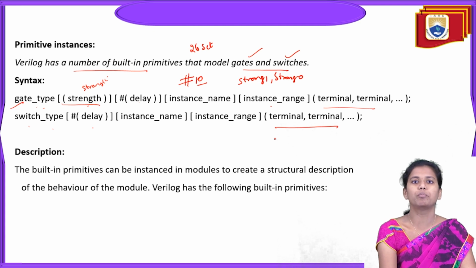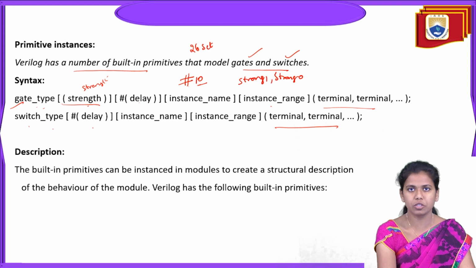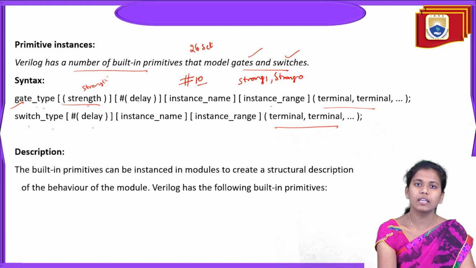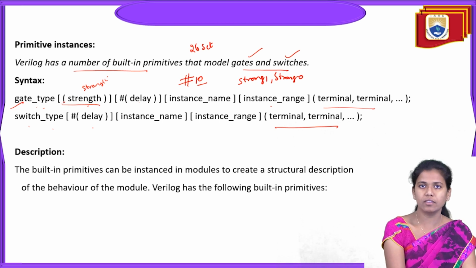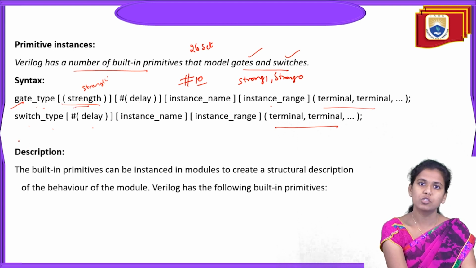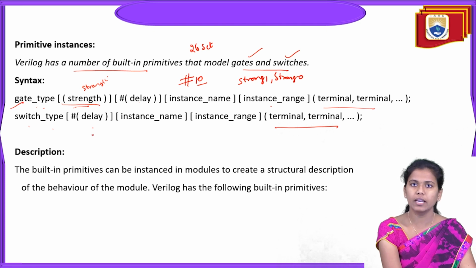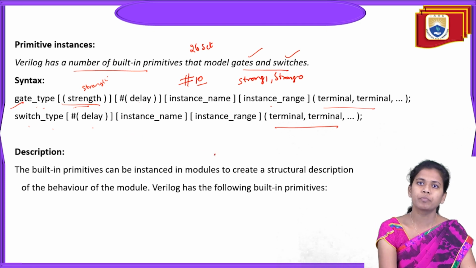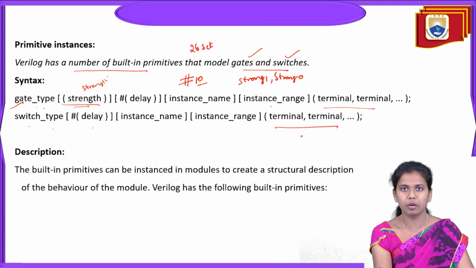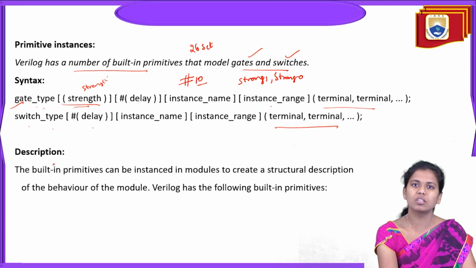Here you have to ponder on one thing: the difference between the gate primitives and the switch primitives is that in the gate primitives there is a possibility of initializing the strength of a signal using a keyword strength, whereas in the switch primitives there is no need to initialize the strength of a signal. We only follow with the delays and then with the instance name, the range, and then the terminal list. Okay, and now coming to the description.